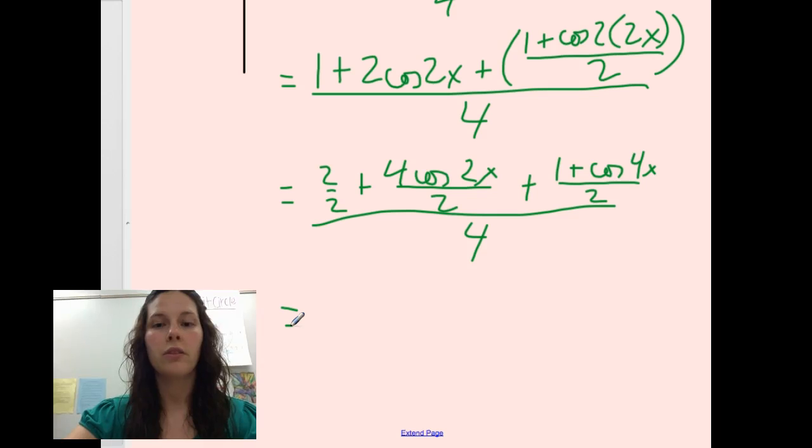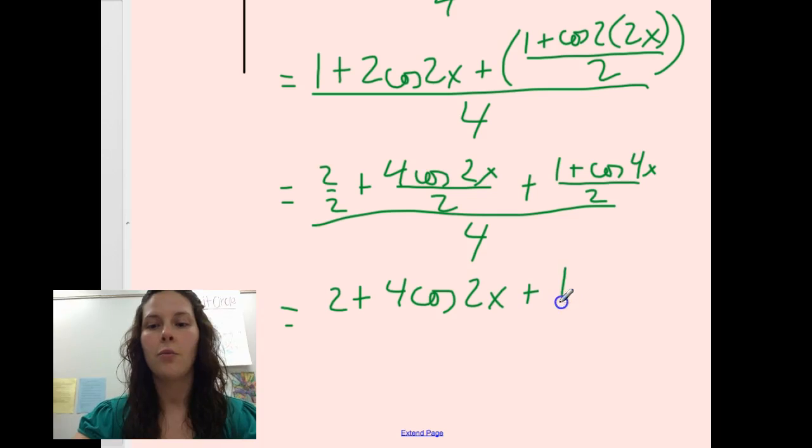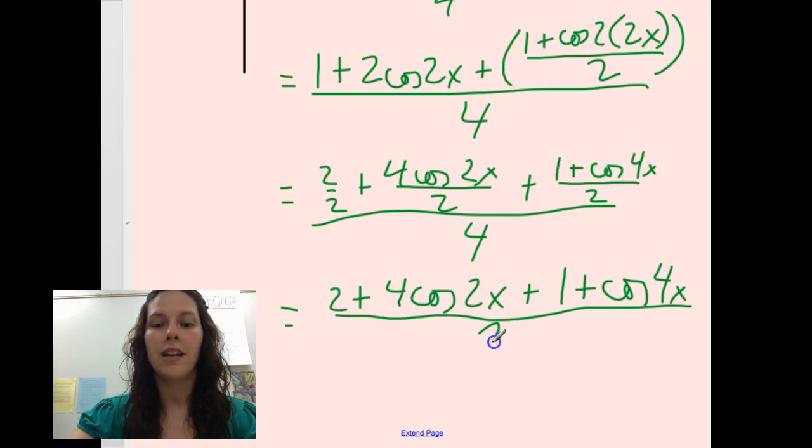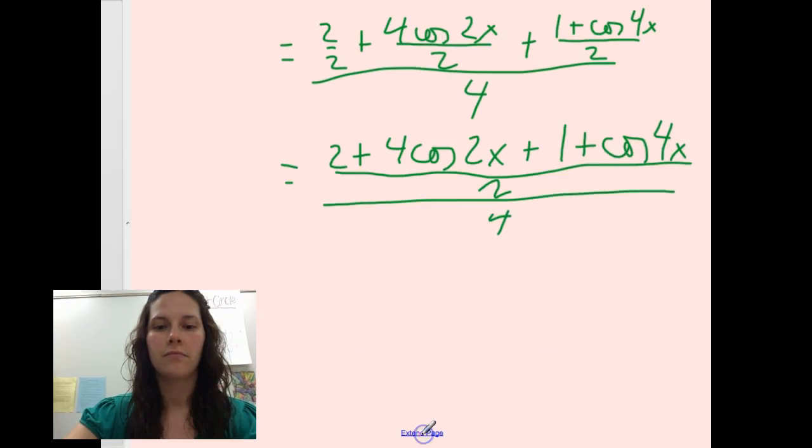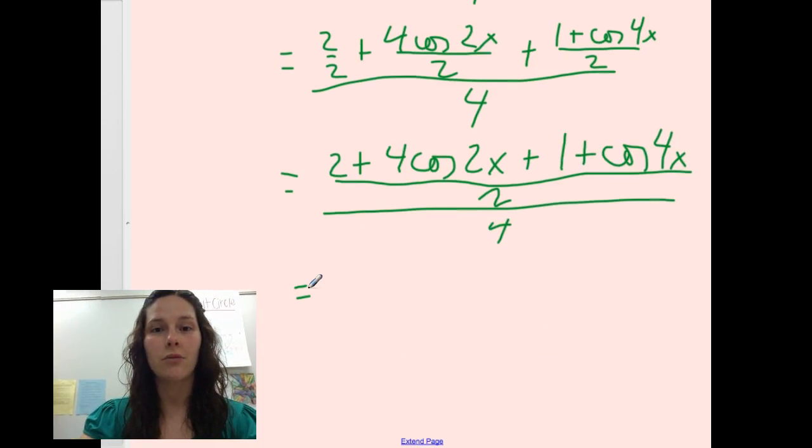All right, so in the numerator, we're going to add our numerators. So we have 2 plus 4 times the cosine of 2x plus 1 plus the cosine of 4x all over 2. And this is our numerator, so we still have it all over 4. Again, combining like terms in the numerator, that 2 plus 1 gives us a 3.